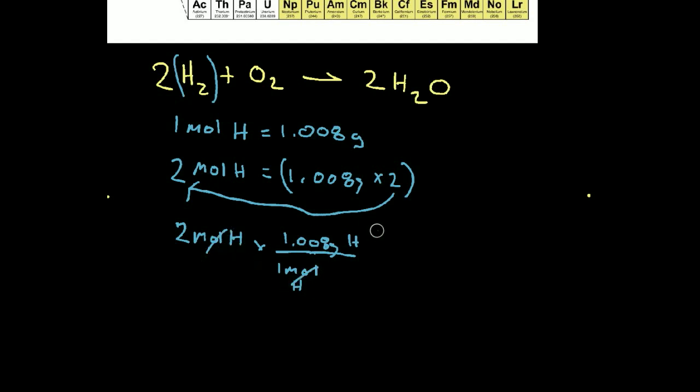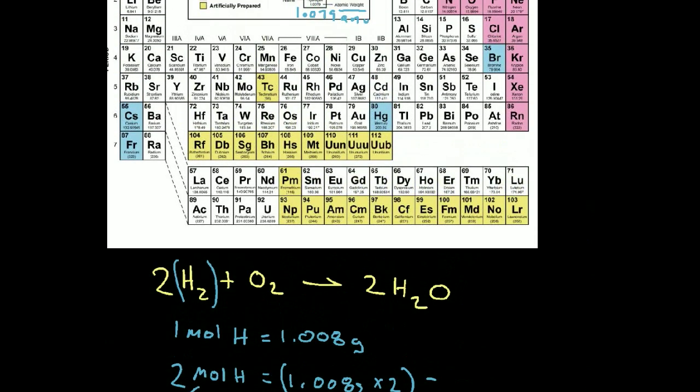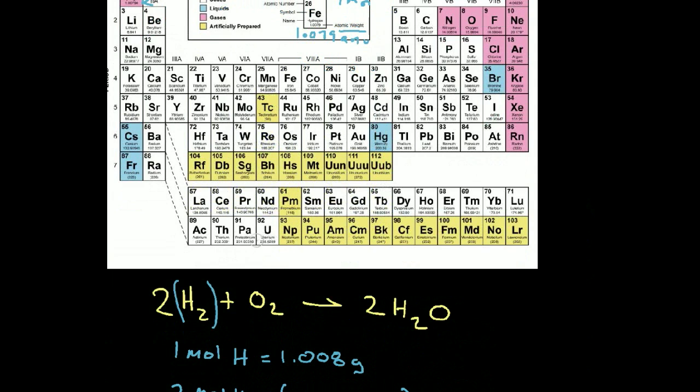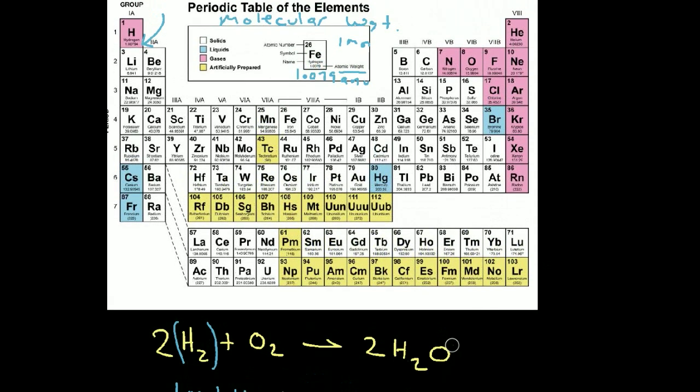Moles are going to cancel out. It's going to be the same thing as this right up here. And these are going to equal the exact same thing. So that's what a mole is saying, right? If it asks us for 1 mole of any given element on the periodic table, that's what it's saying. It's asking us for that.